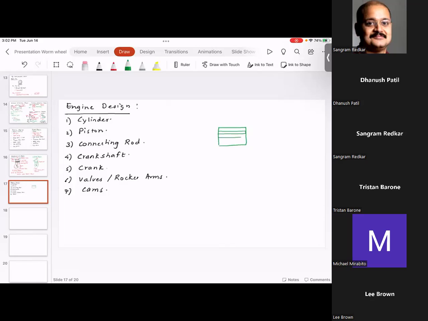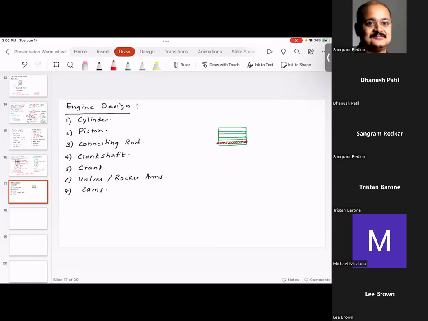Typically, there are 3 or more piston rings. The top piston ring is for sealing. The bottommost piston ring is called the oil ring. This is to scrape the oil, which is on the interface of the piston and cylinder assembly.